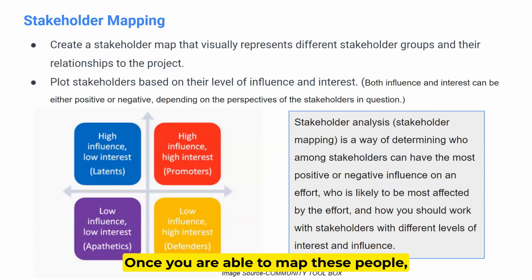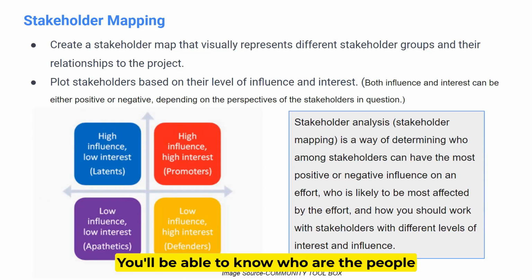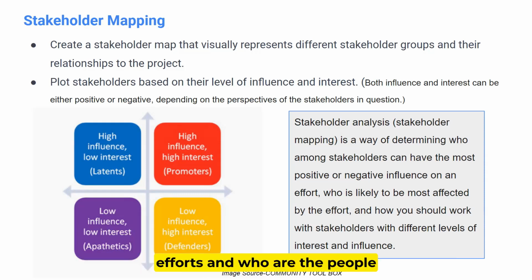Once you are able to map these stakeholders out, you'll be able to know who are the people that are important to your community engagement efforts and who are the people that are less important to this community engagement effort.